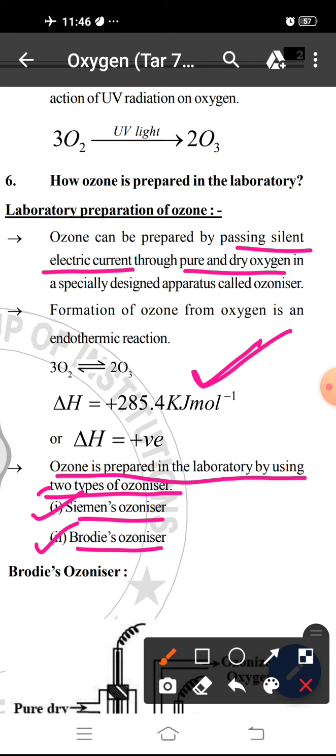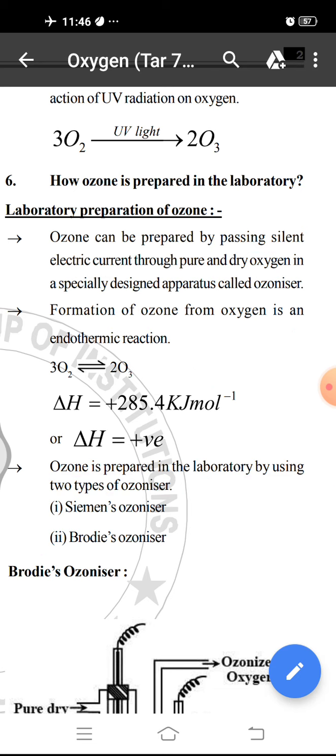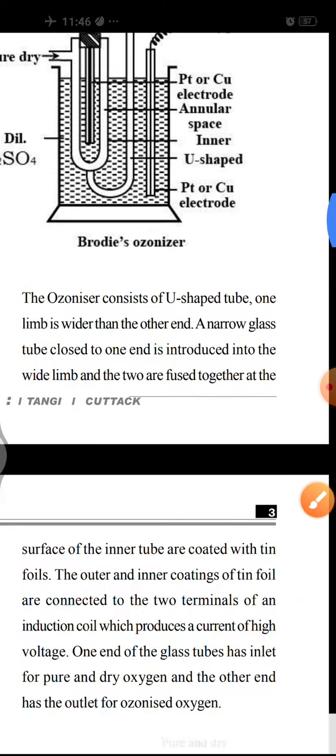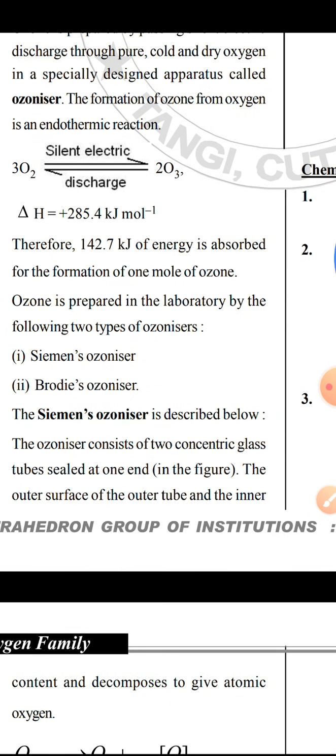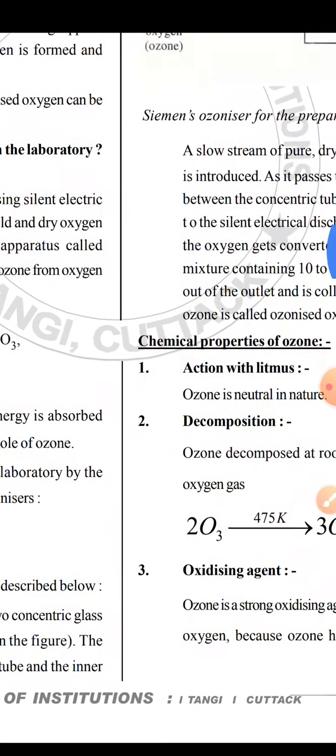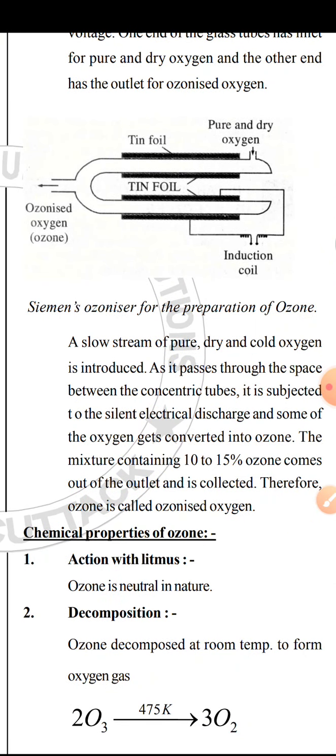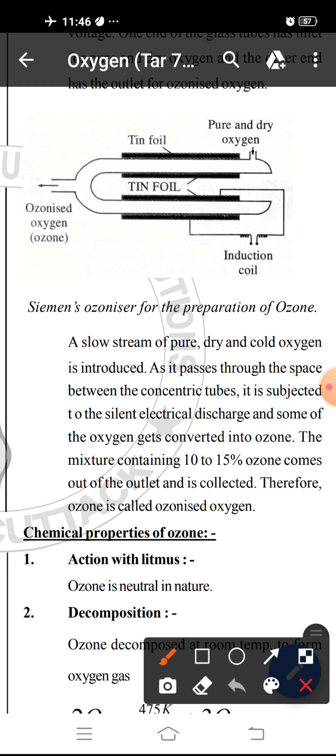Let us come to the first ozonizer, the Siemens ozonizer. This is the diagram of the Siemens ozonizer.